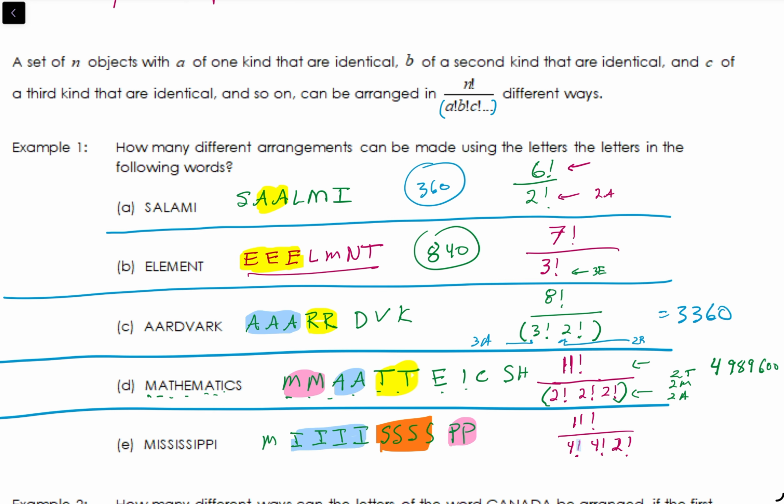I have 4 repeating I's, 4 repeating S's, and 2 repeating P's. Now, remember when you use your calculator, please put brackets around this. And when I do this, I have less arrangements, and that's 34,650 different arrangements I can make with Mississippi.